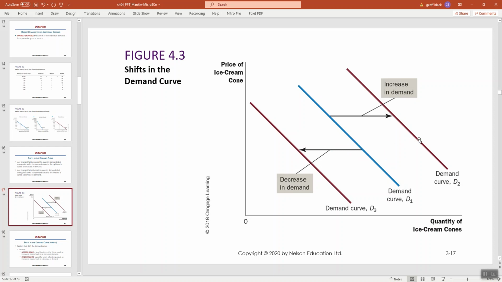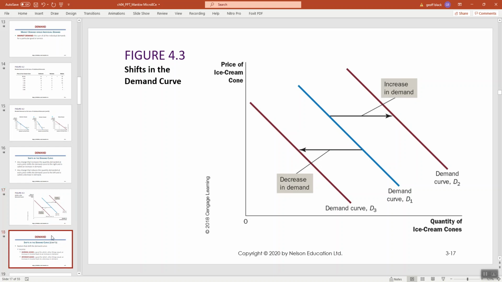If it shifts to the right, it means if you hold price constant, quantity demanded has gone up at the same price, right? So something exogenous to the model could cause us to increase our quantity demanded for that good at the same price. Or something could happen that would cause us to shift our quantity demanded to the left at the same price, right?